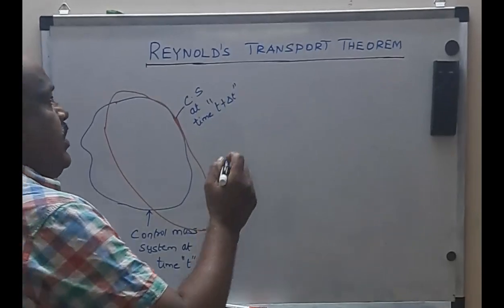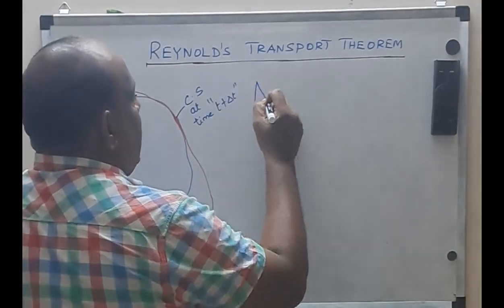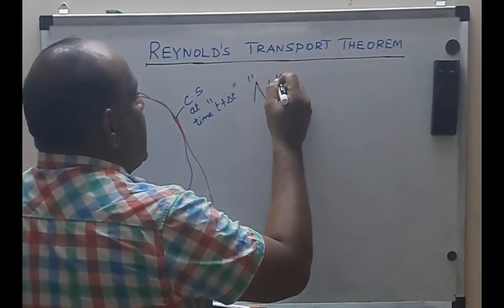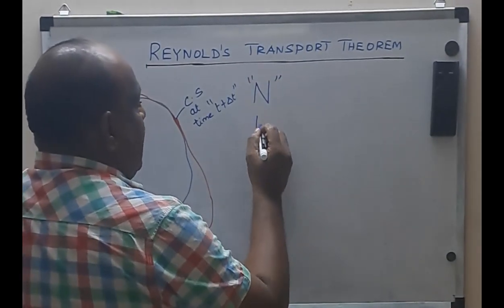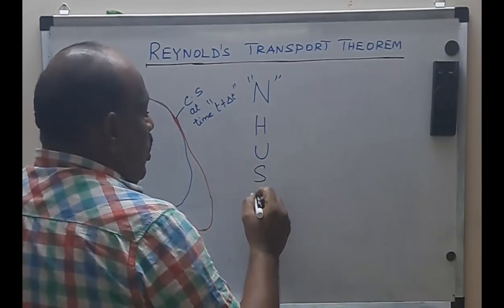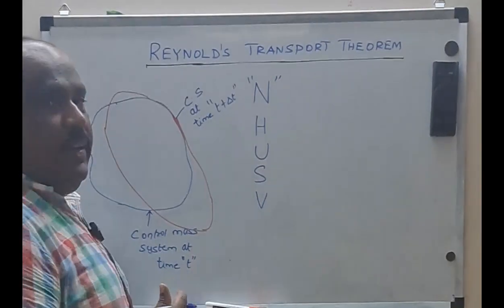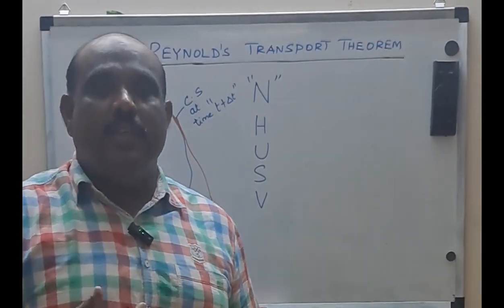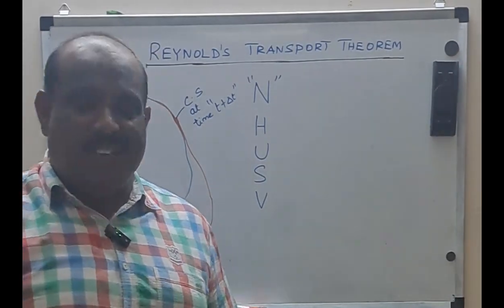And yesterday we saw the properties, namely N, as the extensive property. Enthalpy, internal energy, entropy and volume are all extensive properties, which depend on mass.